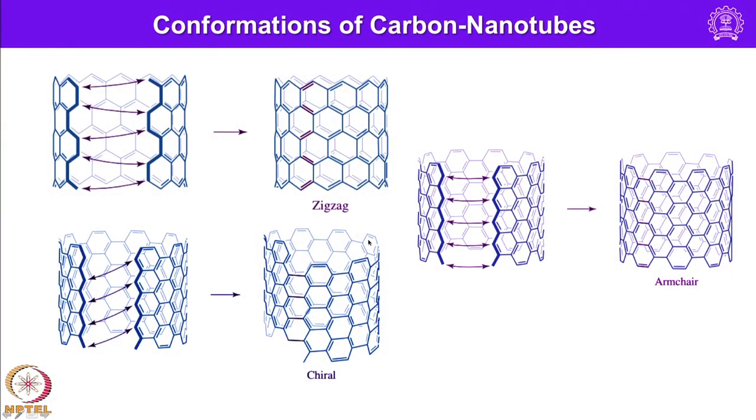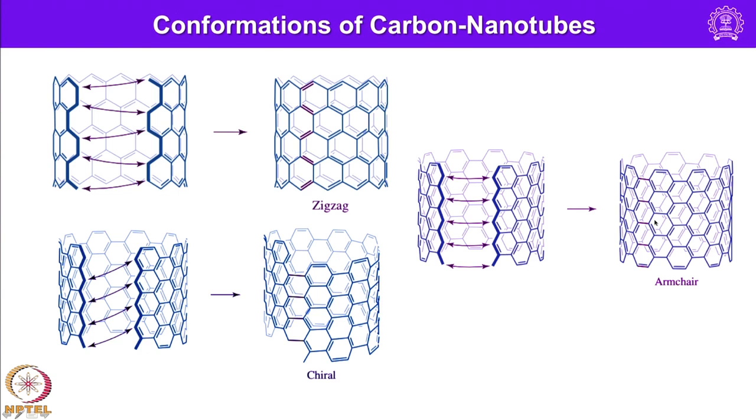So, you can see here carbon nanotubes. As I mentioned, when we fold a graphite sheet, we can complete it by clipping these exposed carbon atoms in this fashion. This is called zigzag, or one can also make it in this way. This gives a chiral structure, or one can also make it like this, armchair.